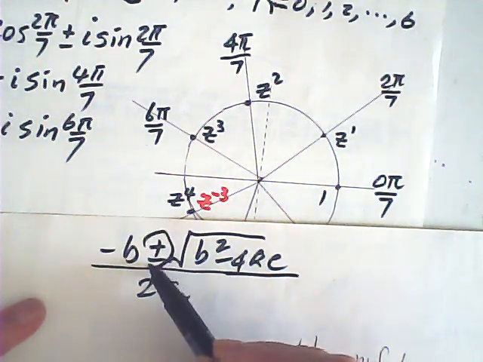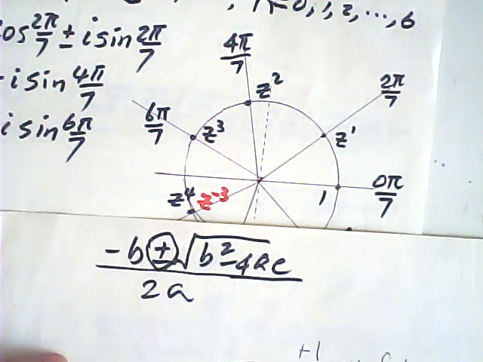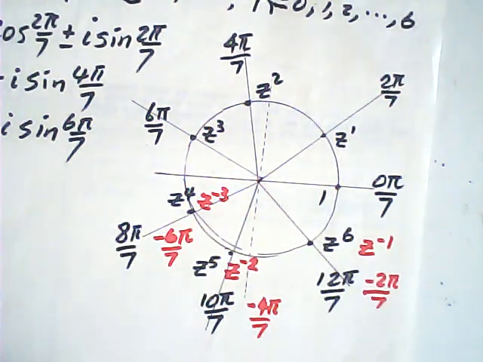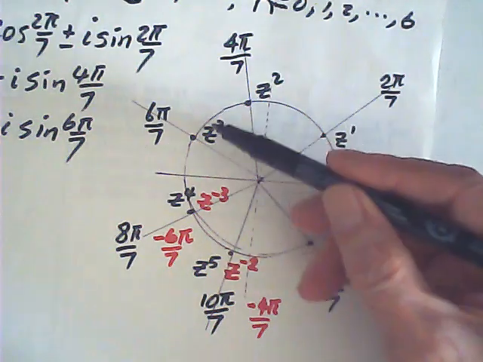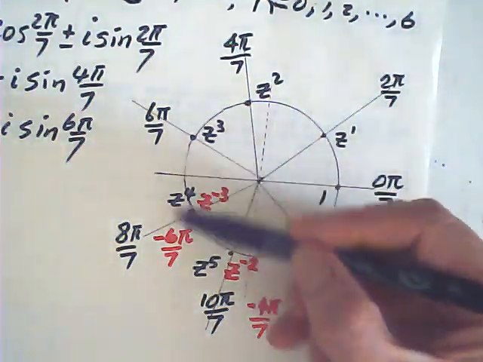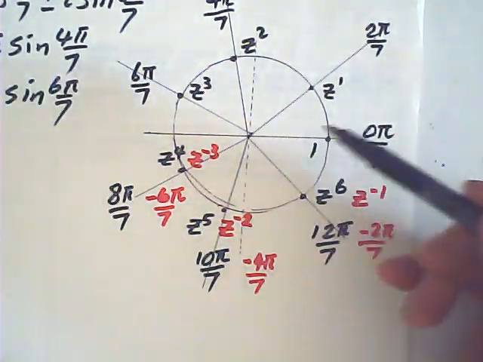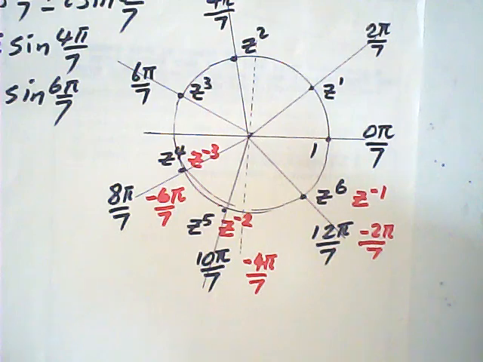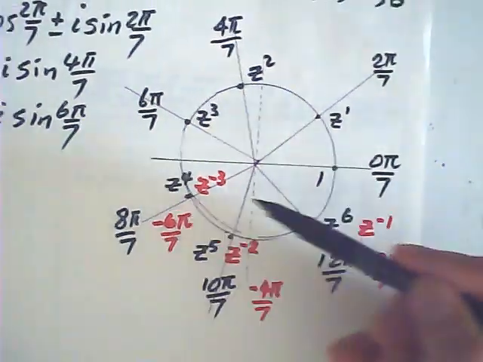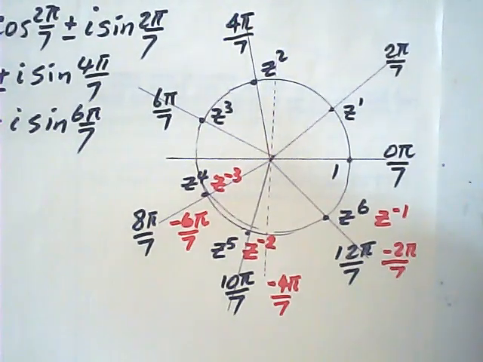These are always conjugate. You see, that is why the roots always come in pairs of conjugates. Okay, that picture shows all 7 roots. Well, I think you must have done that in complex numbers.